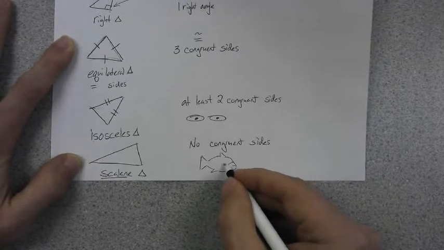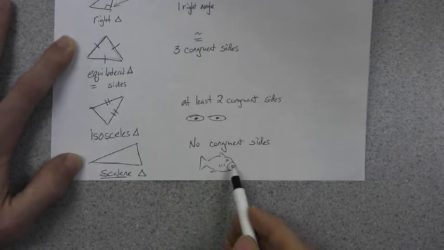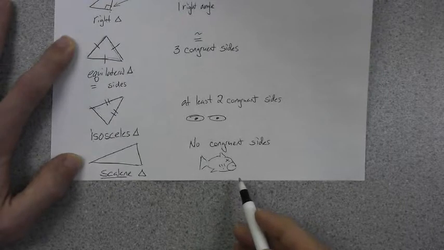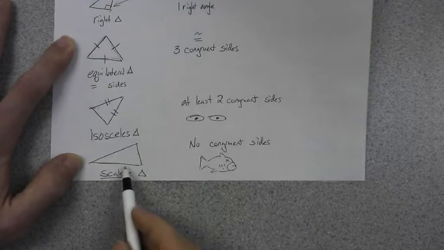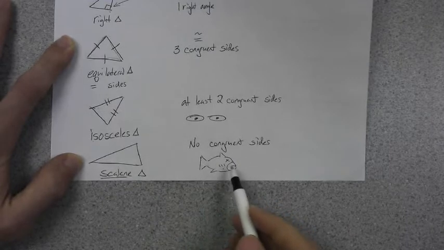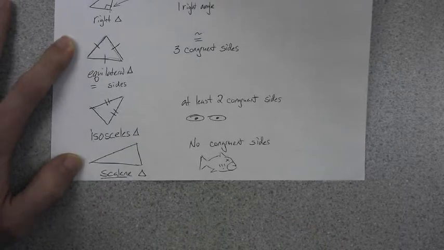So, if you look at a fish and you draw a little picture there, the fish, left to right, top to bottom, you have no sides that are congruent. So when you think of this, you can think of, all right, no sides are congruent, just like the fish. Fish has scale, scalene triangle. So hopefully that will help you to memorize these.